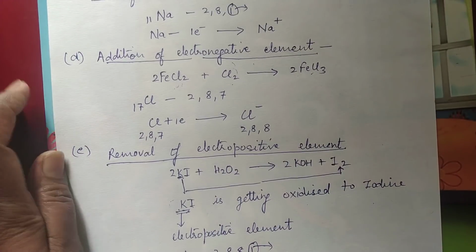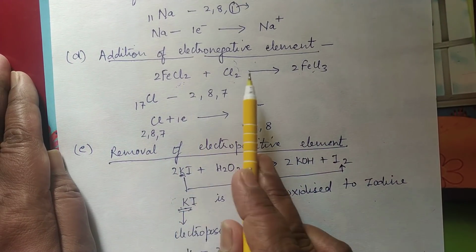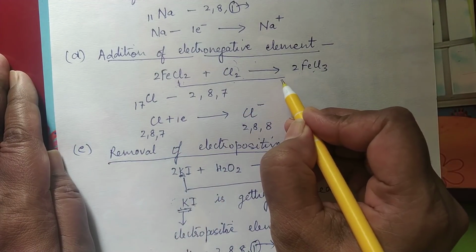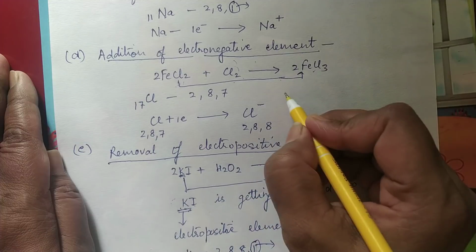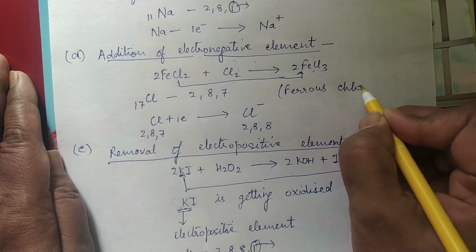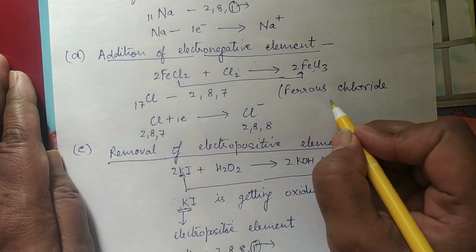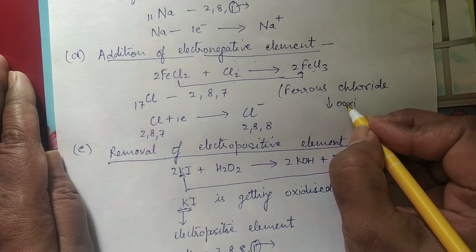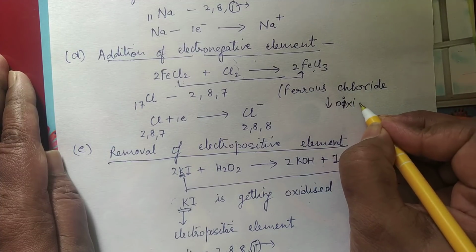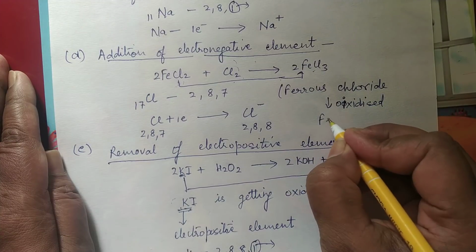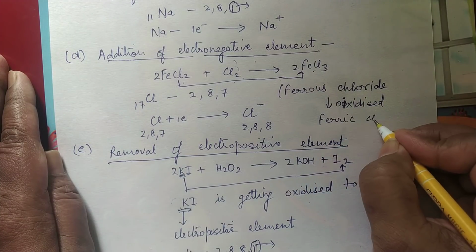In the above reaction also, we can say ferrous chloride is getting oxidized to form ferric chloride.